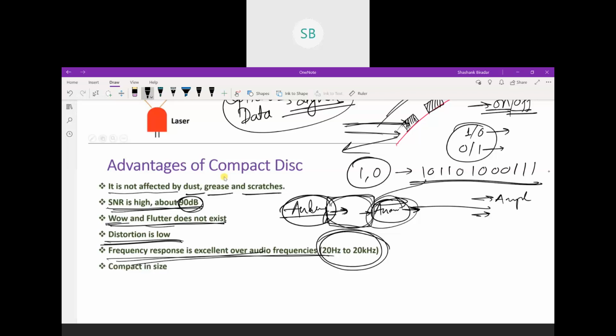I usually take an example of why we are moving to digital. If you want to add two sinusoids, in analog signal processing you require an adder. To implement an adder, you require an operational amplifier and you need to build the circuit. But in digital, you need not worry about implementing any hardware.